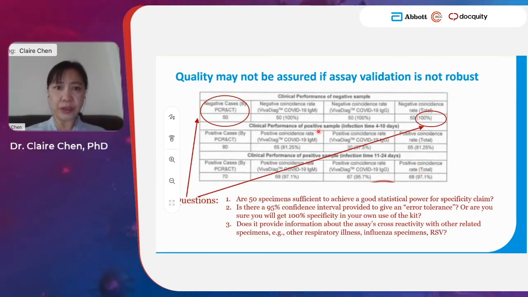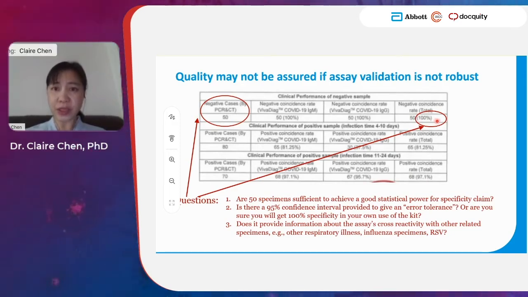However, if you do a deep dive into the performance sheet, you will see that they only used 50 samples in their specificity validation, and with these 50 samples, they have 100% specificity.